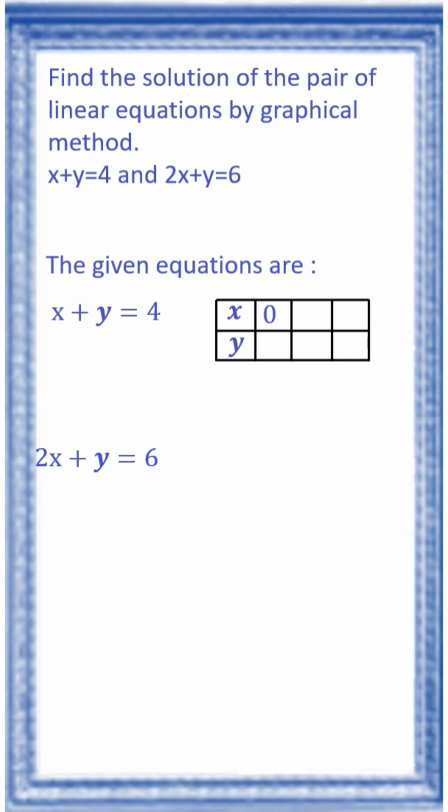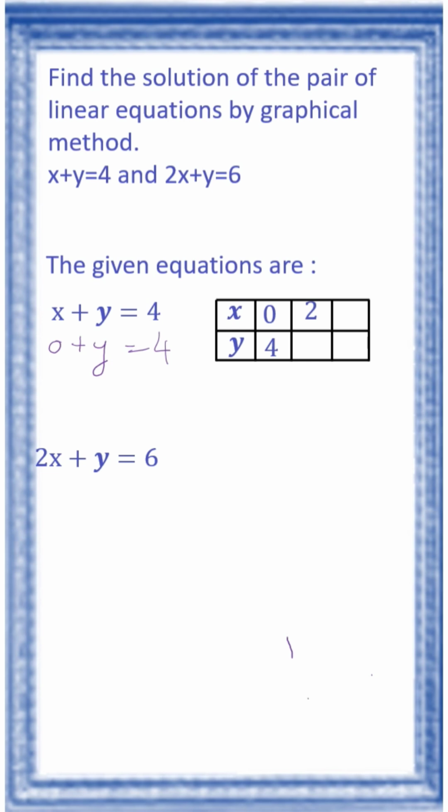If x is equal to 0, put 0 here. y is equal to how much? 4. If x is equal to 2, you can take any values here. You have to take the value such that you should not get any negative values or fractions. Here you can put any whole number and get another whole number.